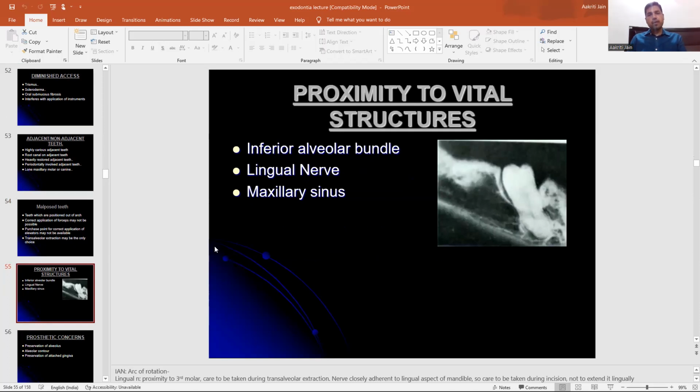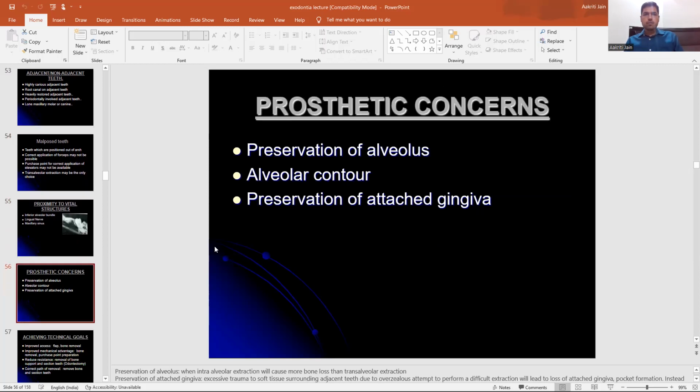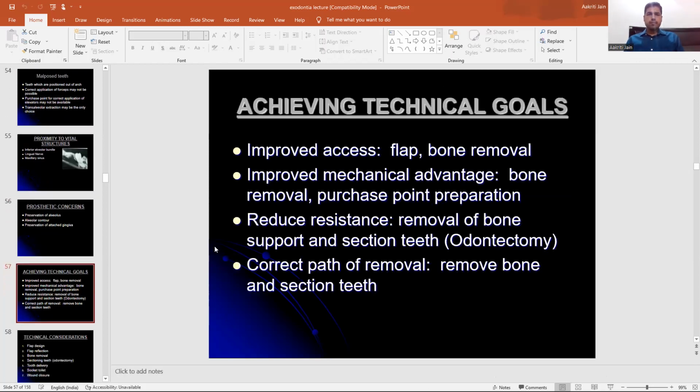These comprise the lingual nerve and inferior alveolar nerve bundle in the mandible and the maxillary sinus in the case of the maxilla. Now, the prosthetic concern to be observed is preservation of alveolar contour and preservation of the attached gingiva.